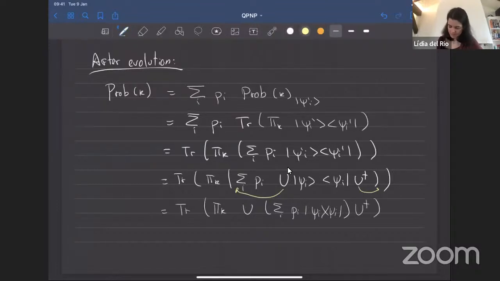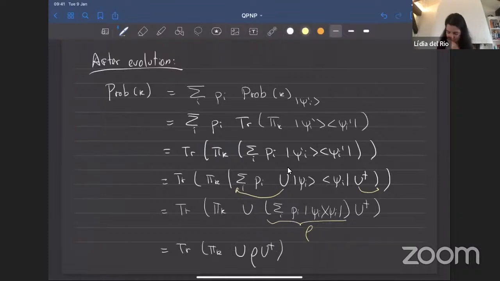But this was my original density matrix, right? So then this whole thing is just trace of pi k, U rho U dagger.